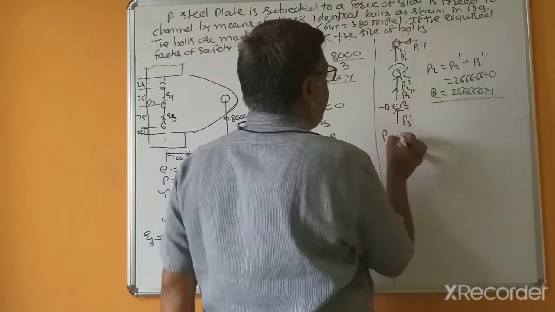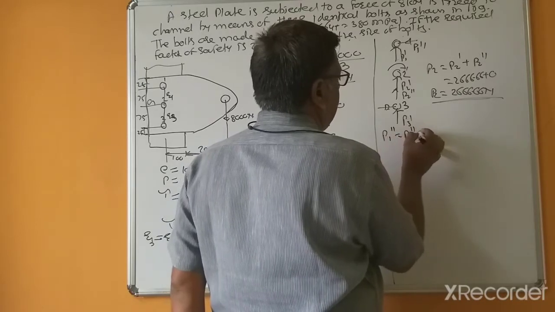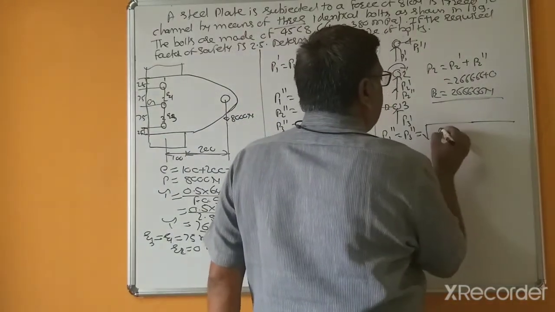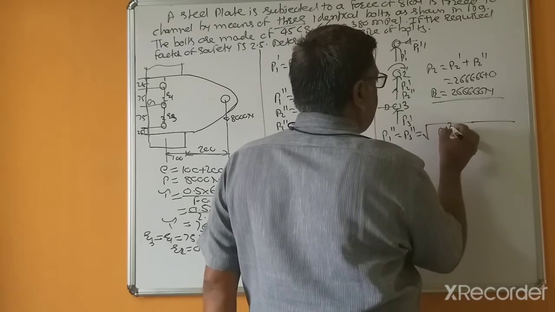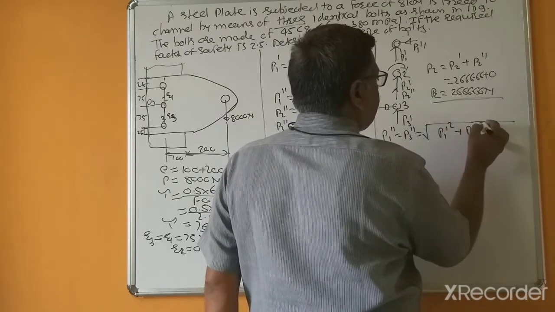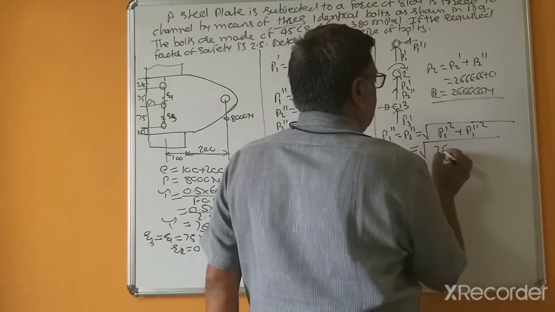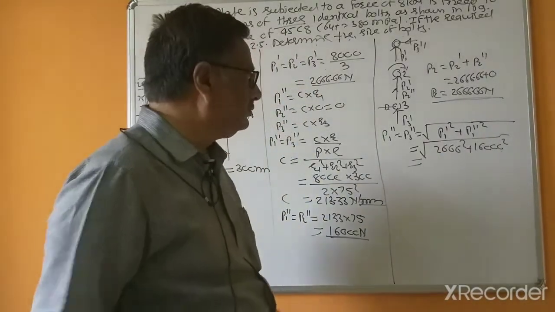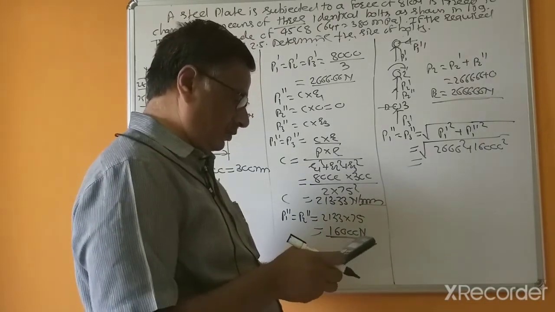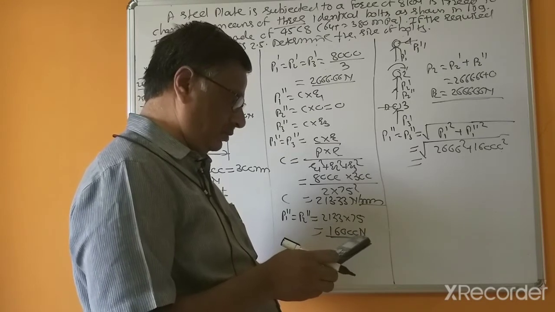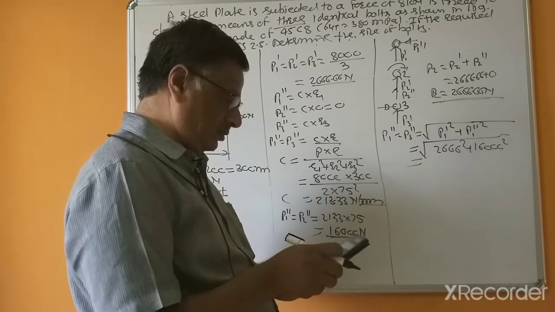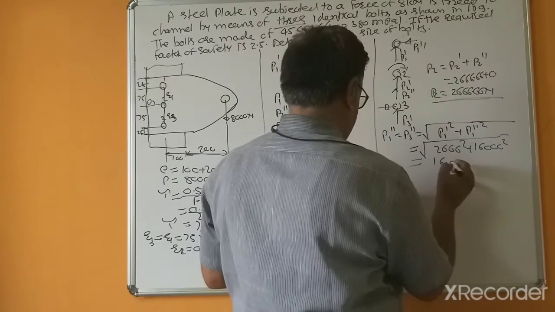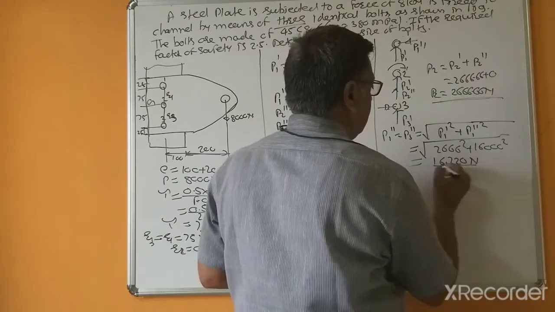And P1, because this is at right angles, 90 degrees, you can directly write the resultant as the square root of P1 single dash square plus P1 double dash square, which is 2666 square plus 16,000 square, and this is 16,220 Newton.